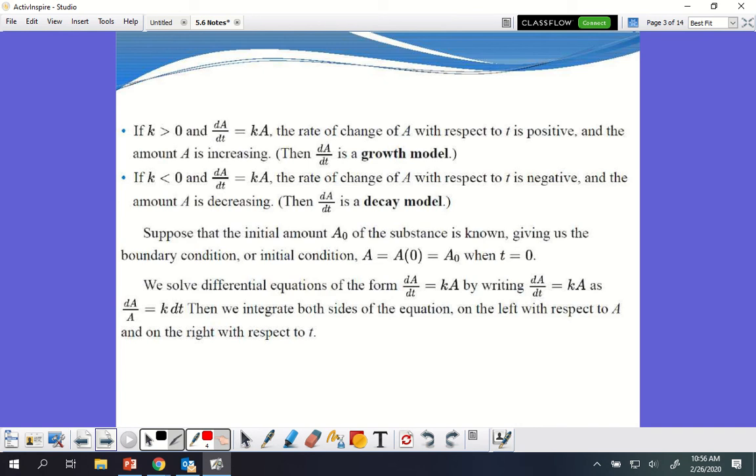That's important. Suppose the initial amount A sub naught of the substance is known. It's called A sub naught. Those of you taking chemistry and physics, A sub naught, the A with the little base 0. That is my initial. A lot of times you're going to see M sub naught or T sub naught, which refers to my initial amount of substance, known as a given boundary condition or initial condition, where A of 0 is when t is equal to 0.